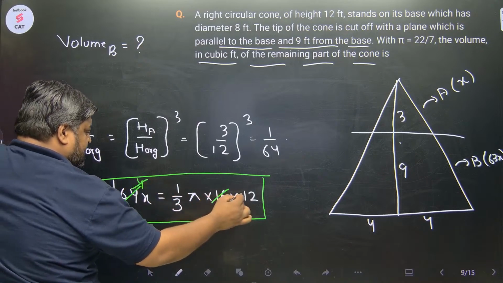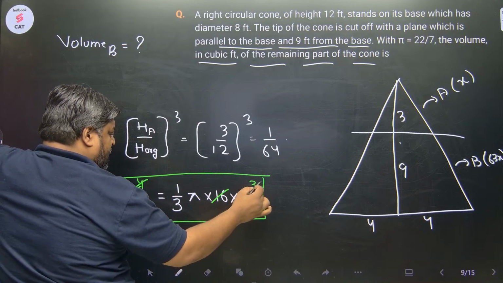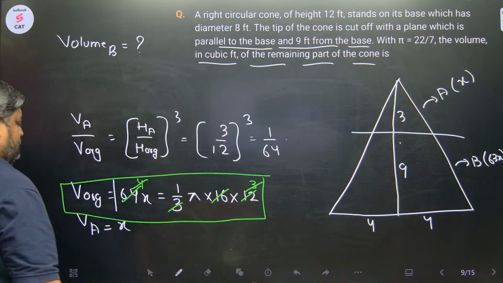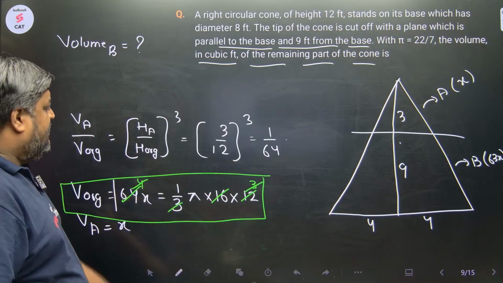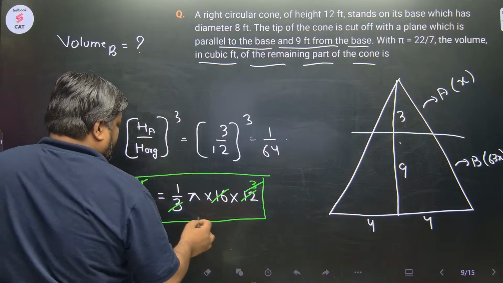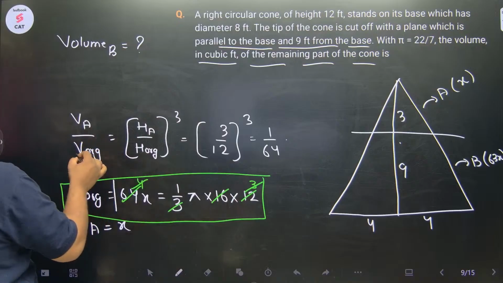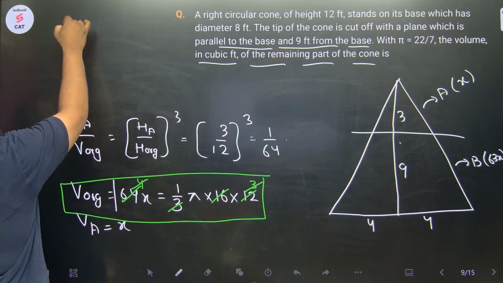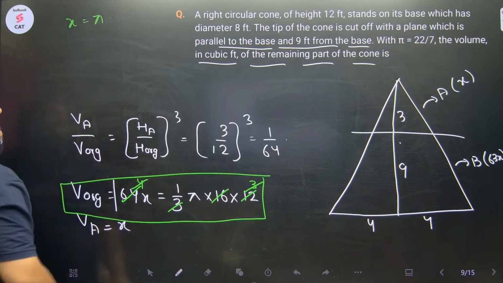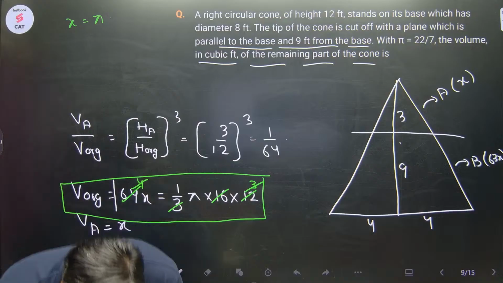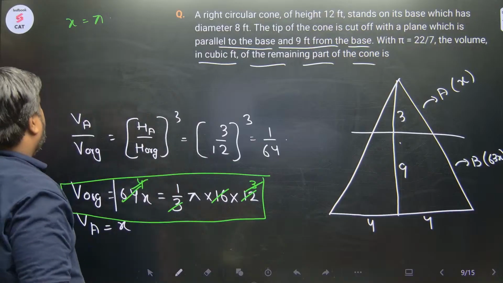And this goes in 3 times, and 3 cancels with 3. x is what? Pi. What did you get for x? Pi. So the value of x is pi. I need some space. Chalo, x is pi.